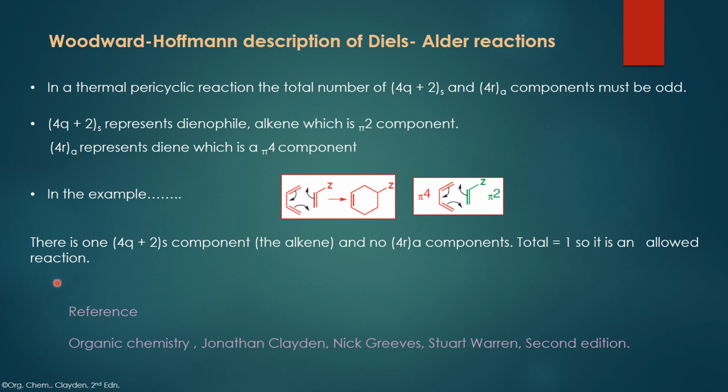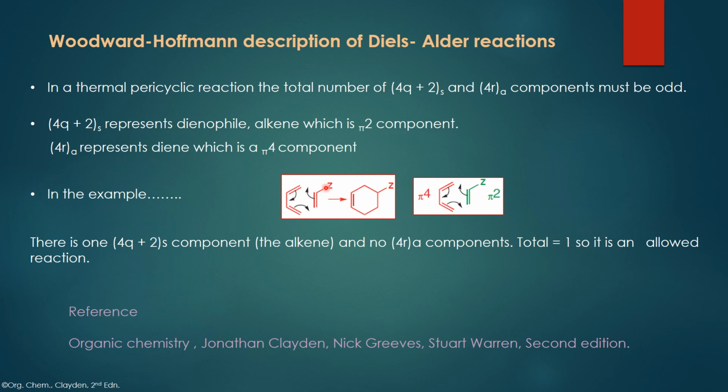This is quite complicated, but the one thing we have to keep in mind is that when a reaction is given and we have to look whether this is a thermally allowed pericyclic reaction, first we have to look for a 4-pi component system, and then for a 2-pi component system, and calculate how many there are. There is only one 4-pi component system, and only one 2-pi component system.